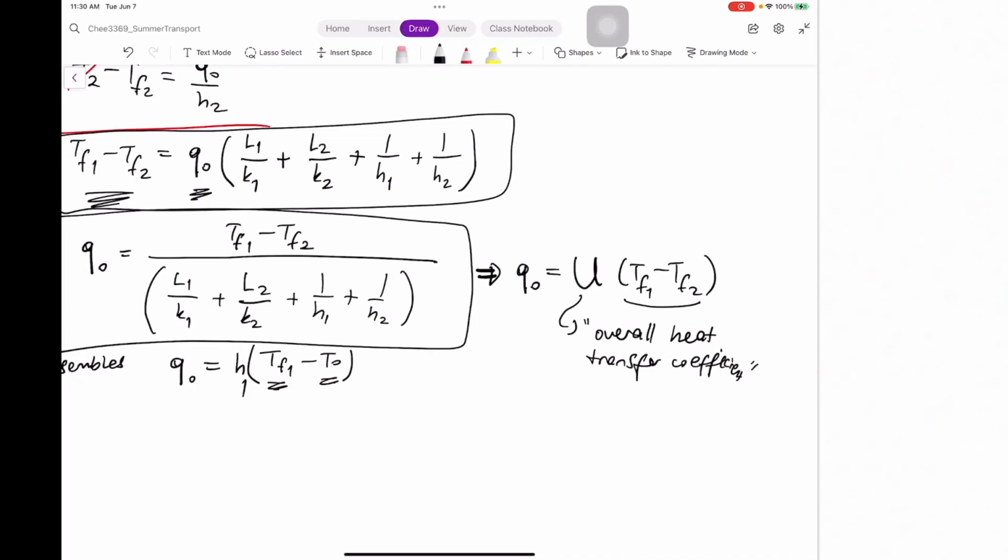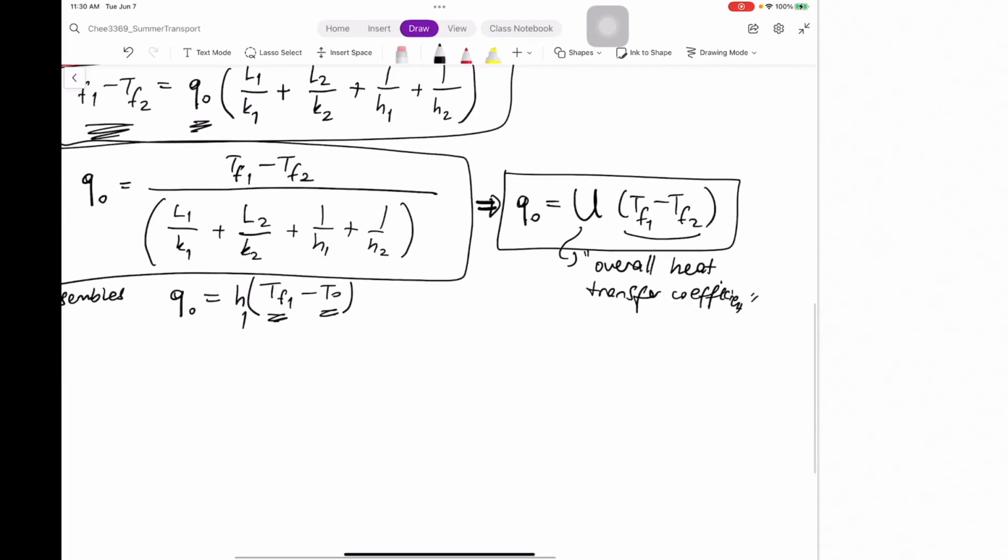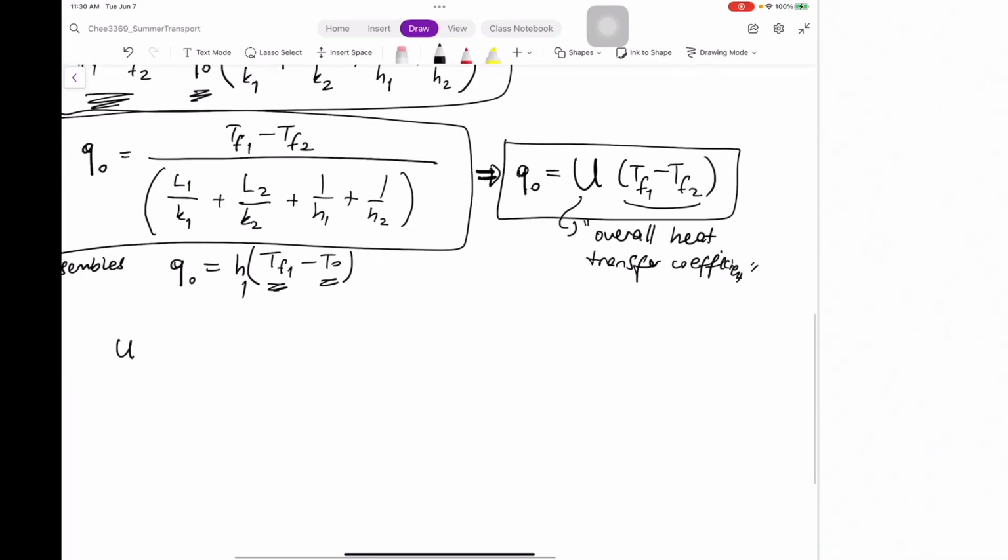Okay, and another nice thing about this, basically, so you can write this U as 1 over L1 over K1 plus L2 over K2, right? Plus 1 over H1 plus 1 over H2.